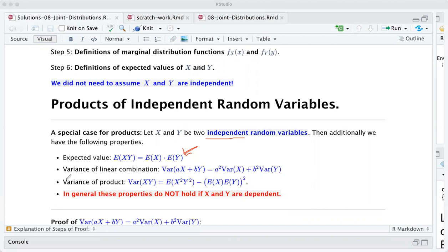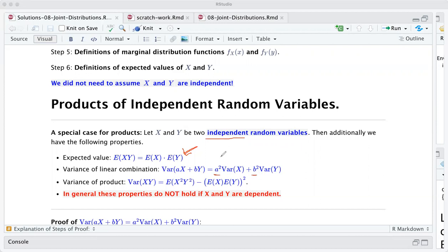The next couple of properties are relating to the variance of some function of random variables. So if I want to take the variance of a linear combination, ax plus by, we have a similar property that worked out with expected value, but now we have a squared and b squared out front.